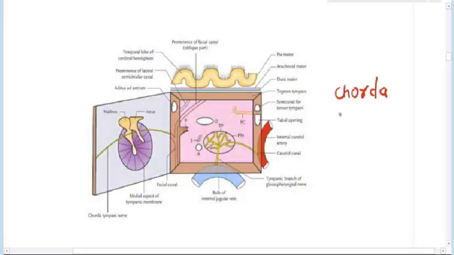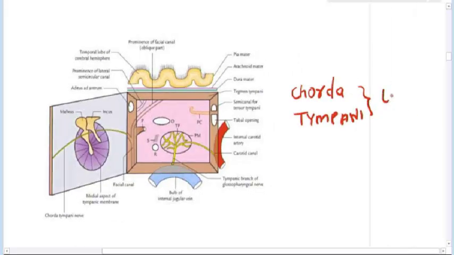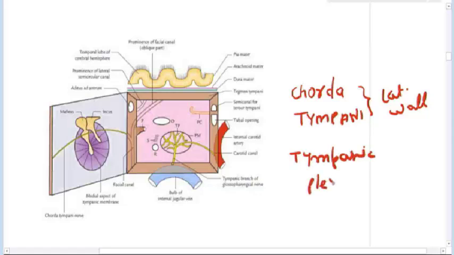Chorda tympani is on the lateral wall, and tympanic plexus, that we can see over the promontory, is present on the medial wall.